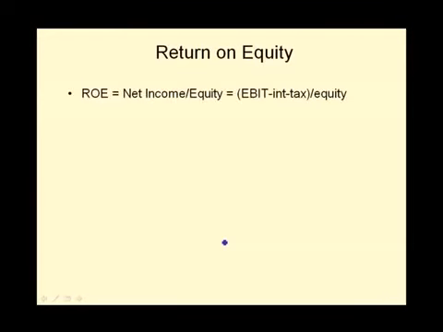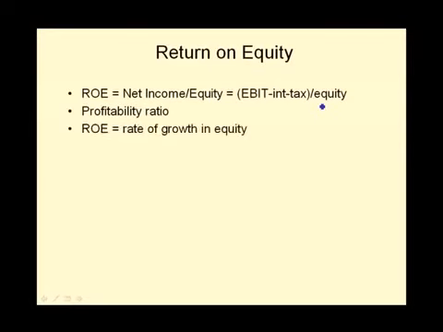Return on equity is defined as net income divided by equity, or earnings before interest and taxes after the interest and tax payments have been made divided by equity. It's classified as a profitability ratio. One interpretation of return on equity is that it's the rate of growth in equity over time.